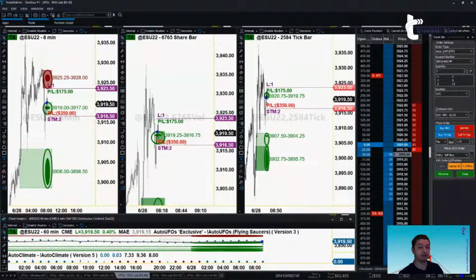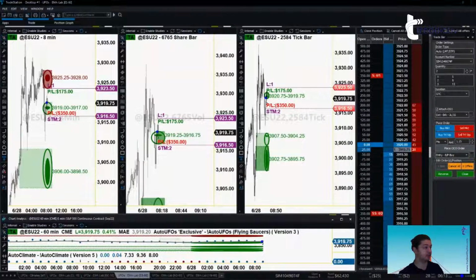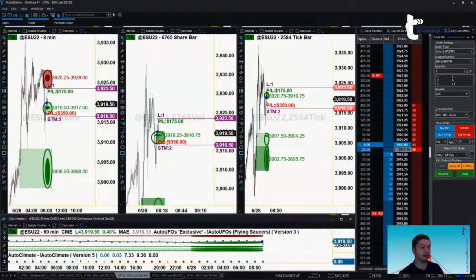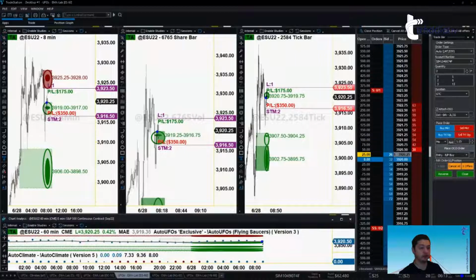So it is what it is. Our trade plan says that we got to take the trade, so we take the trade, right? Every time we don't take a trade is every time you didn't follow your plan.